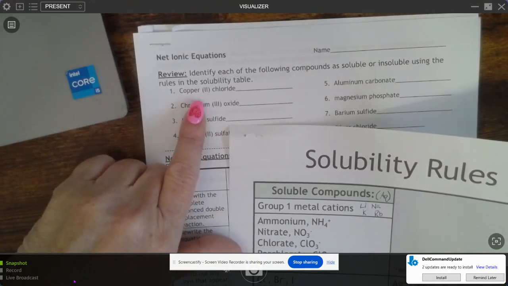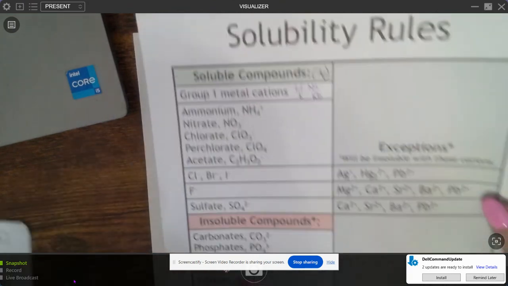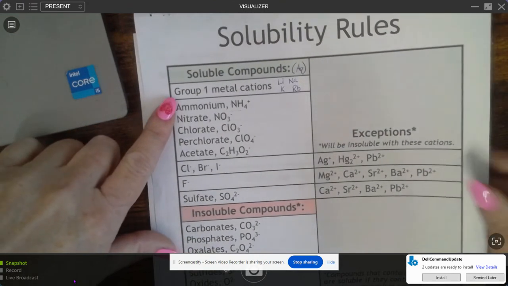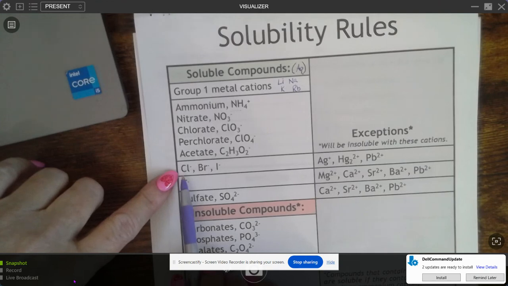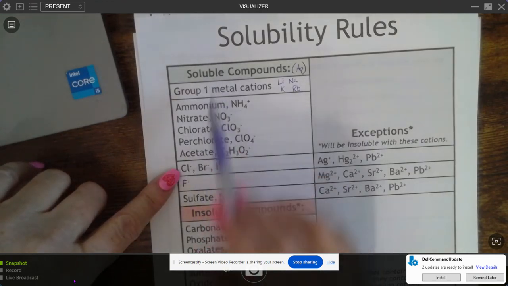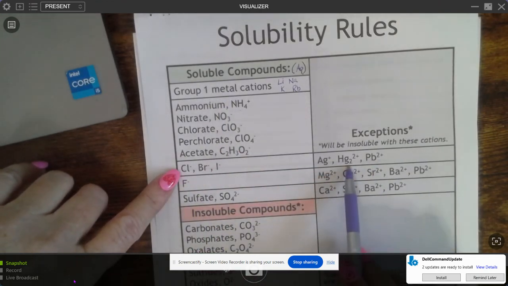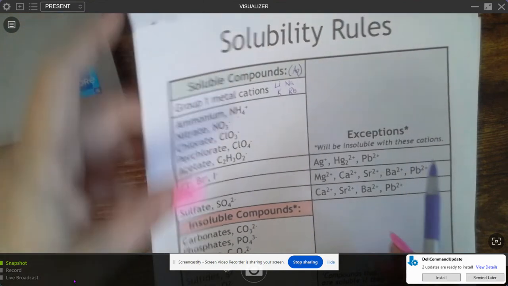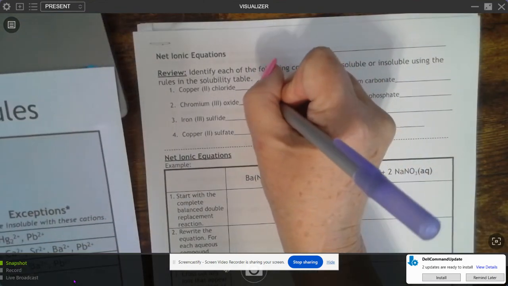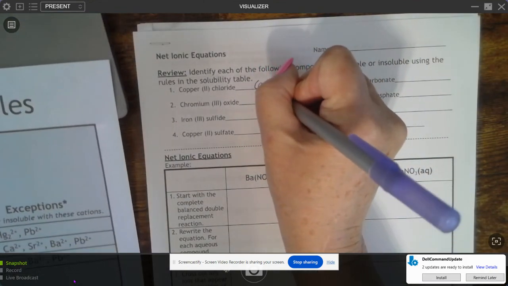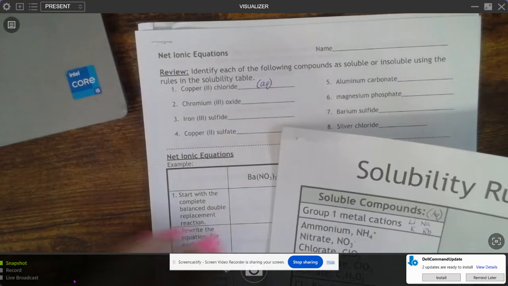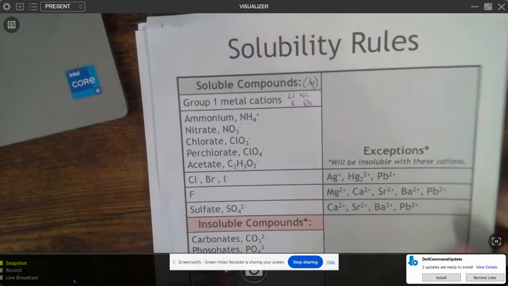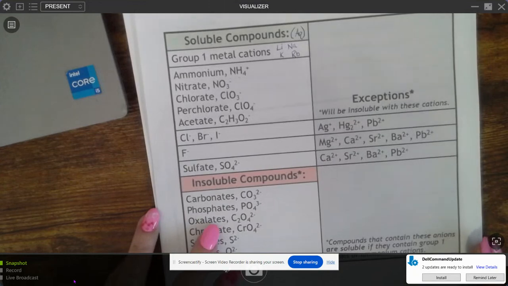Compound number one is copper chloride. If I look, I see here all chlorides are soluble except these. Copper is not listed. That means copper chloride is going to be soluble in water. Chromium oxide.